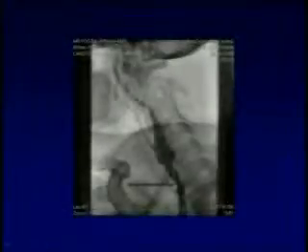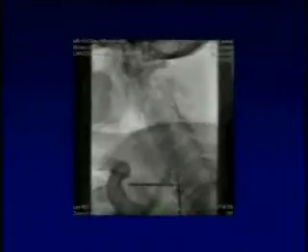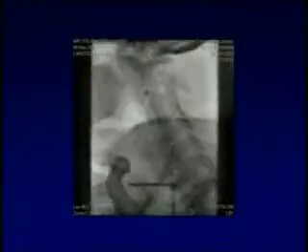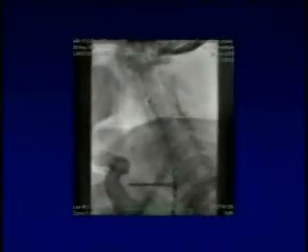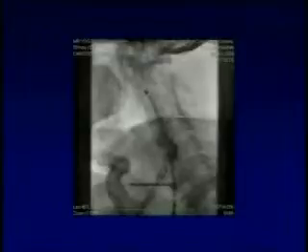So this is the filter going in. Once we were there, we opened the filter, and after we confirmed the right positioning of the filter, we placed a Fluency stent graft, which is a covered stent graft from Bard.